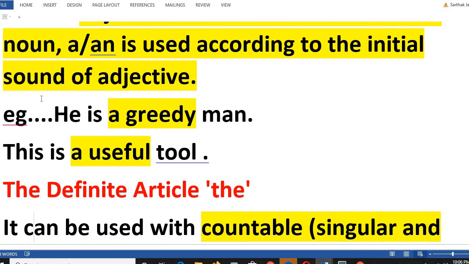Next is, this is a useful tool. Useful is an adjective, and you is pronounced as you, which is a consonant sound. That is why we will put a before useful.